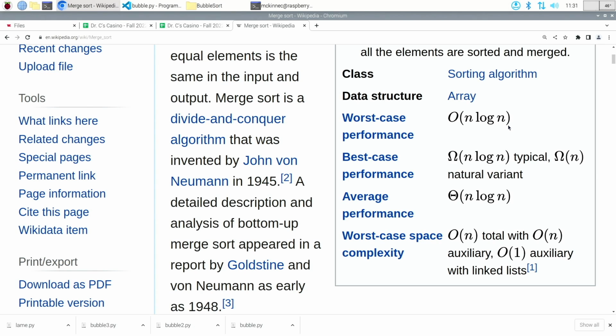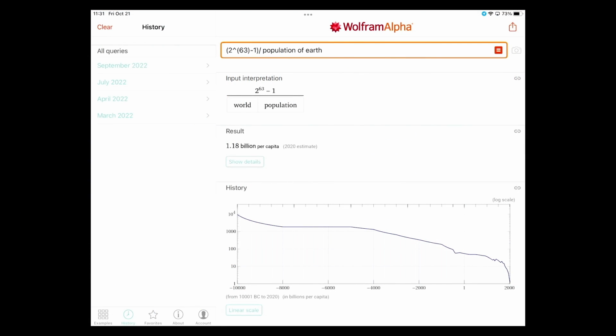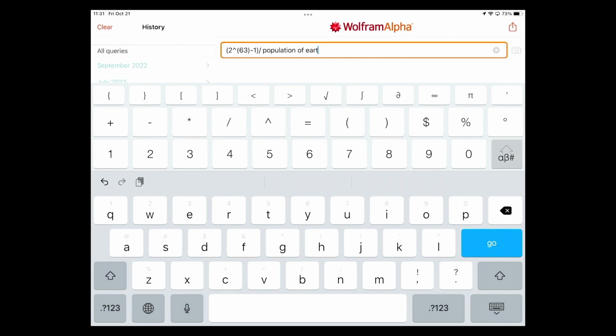You had a 50-50 chance, but I'm afraid you chose poorly. All right, let's graph the two things. At least you chose. Okay, let's go to Wolfram Alpha and back to the iPad. All right, so let's graph x.